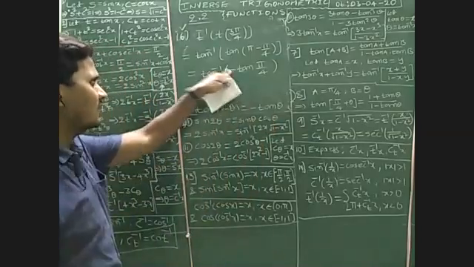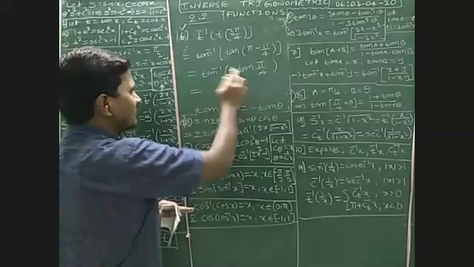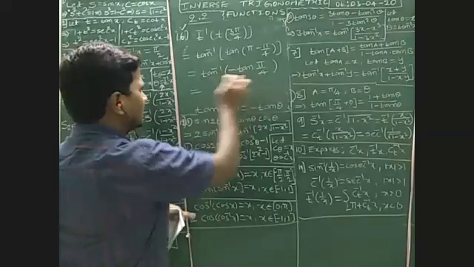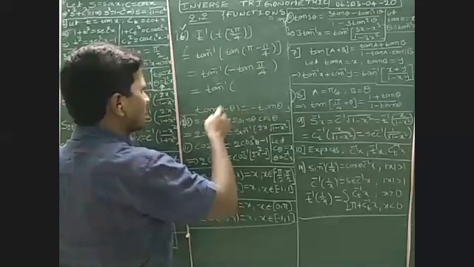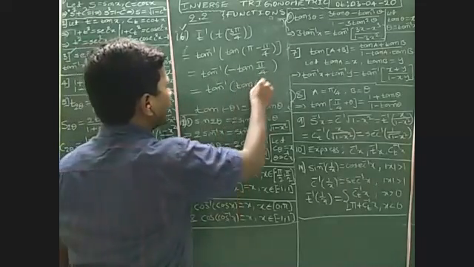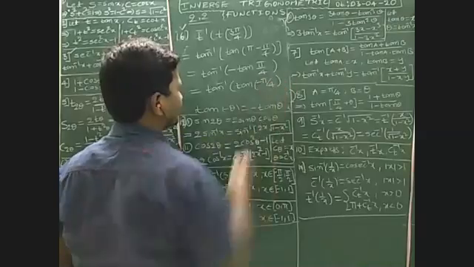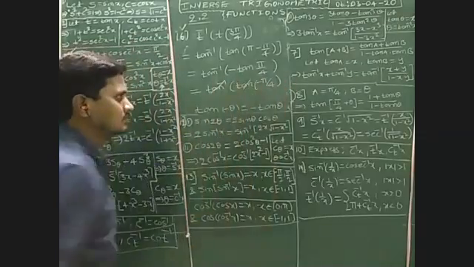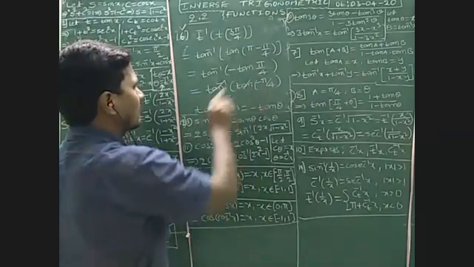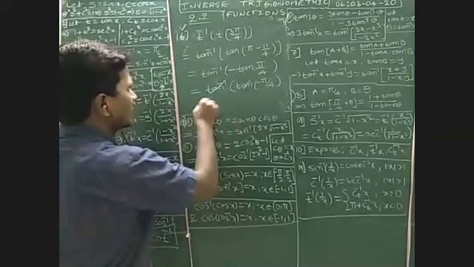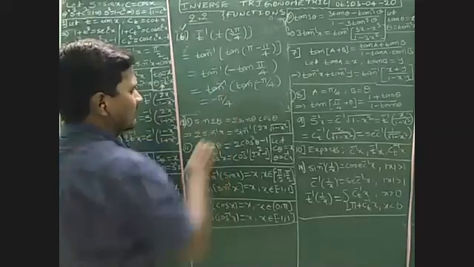Tan inverse of minus tan theta can be written as tan inverse of tan of minus theta. Now you can cancel. Minus tan theta I wrote as tan of minus theta. Finally, I got minus 45.